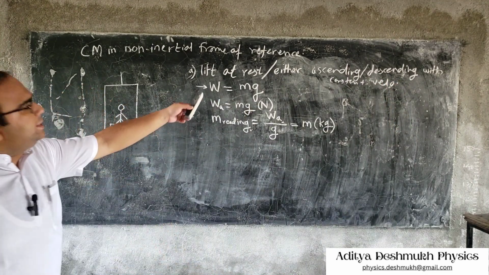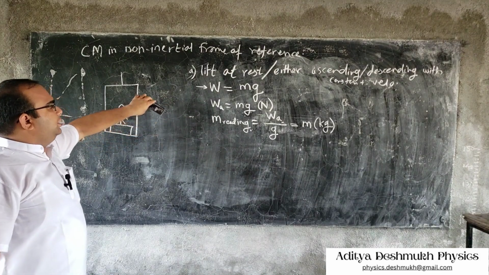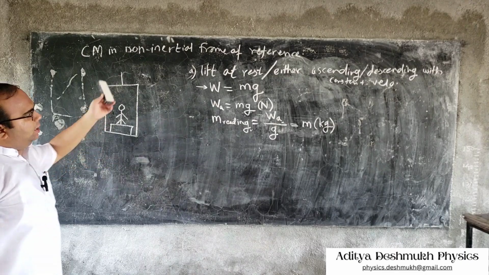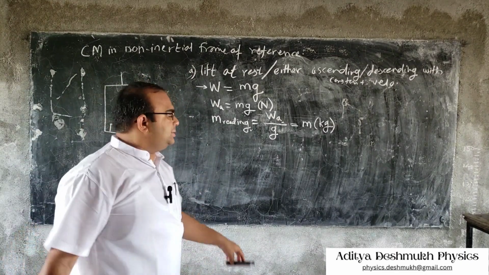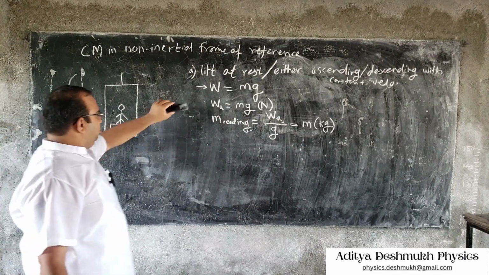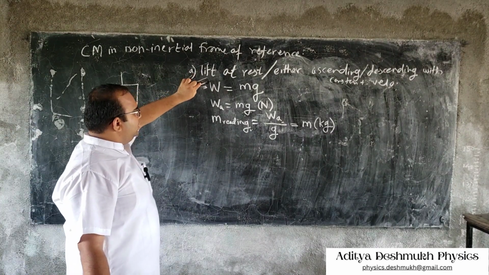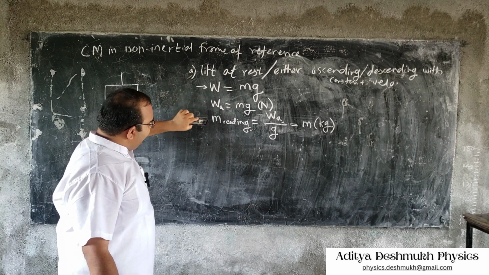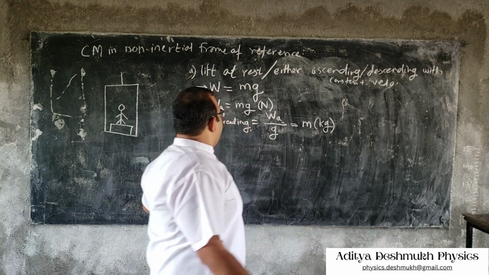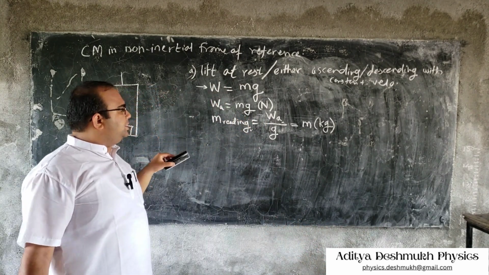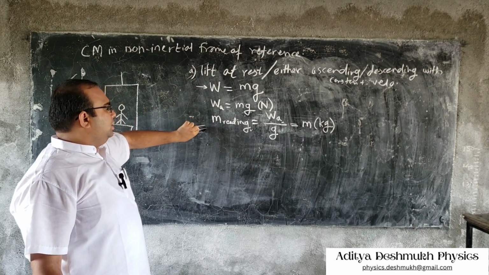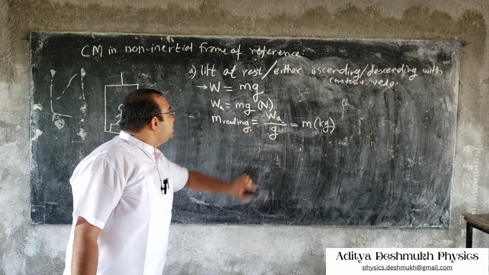If the lift is ascending or descending with constant velocity, that means for the person, his frame of reference will be an inertial frame of reference. That means we can apply Newton's law without making any changes. So the reading on the weighing scale will be the same.